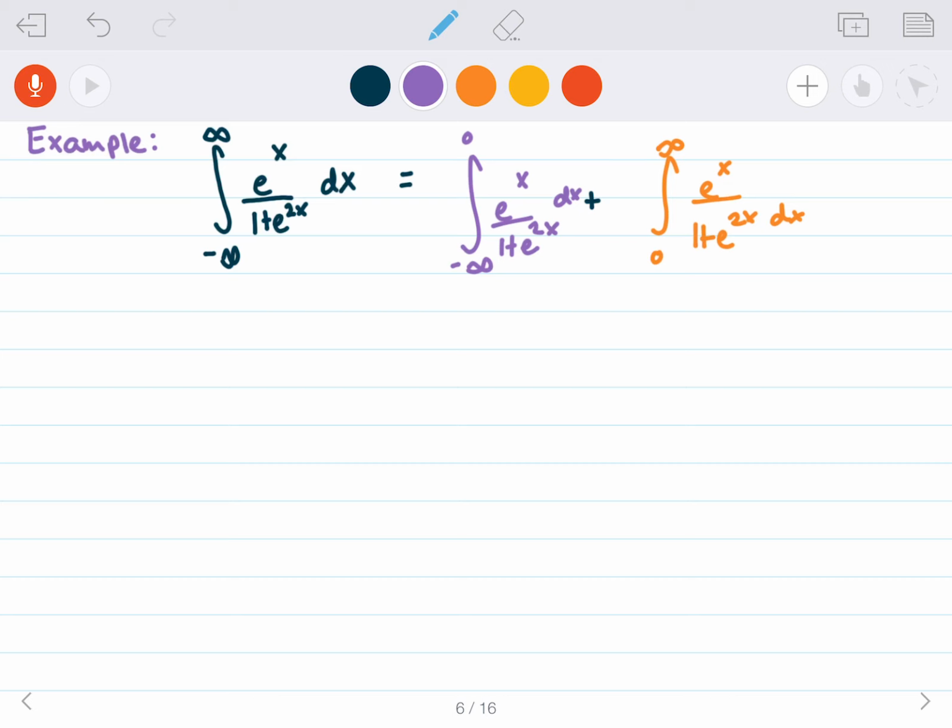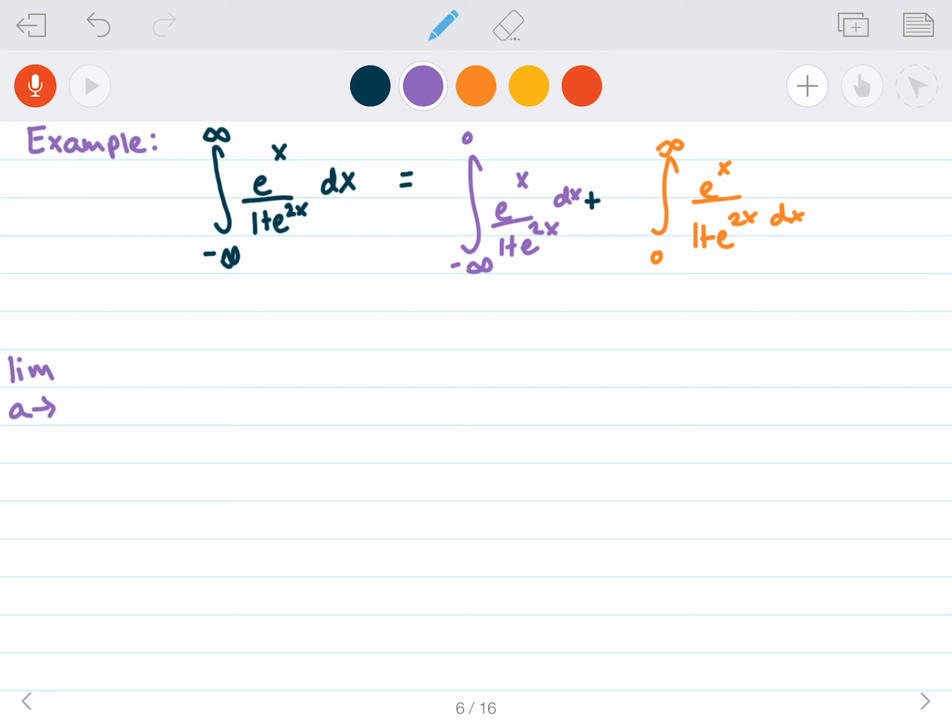So let's go ahead and write this in terms of limits. So for the purple, we have the limit. Now, this time we want to replace negative infinity, our lower bound, and so I'm going to use a in replacement of the lower bound.